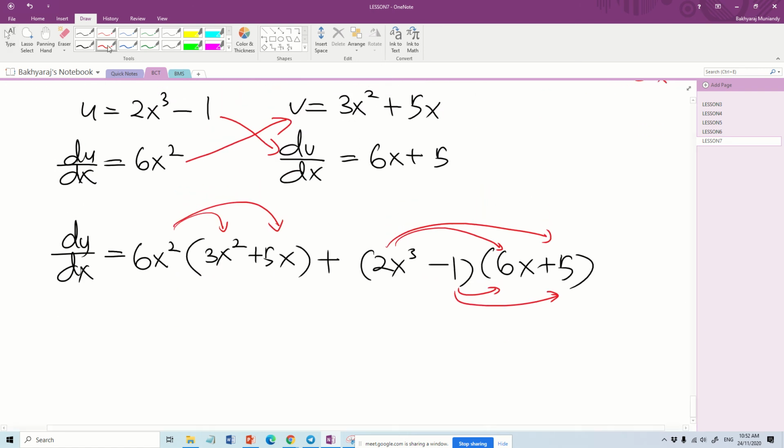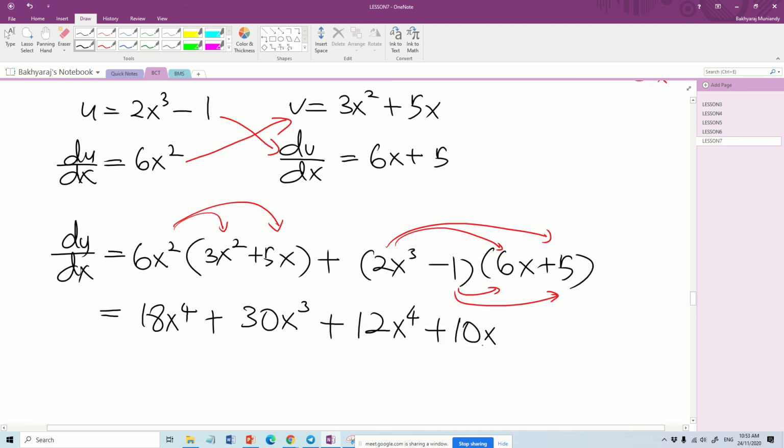Okay, so we'll get 18x power of 4 plus 30x power of 3, and then this side we'll get 6 times 2 is 12x power of 4 plus 10x power of 3 minus 6x minus 5.